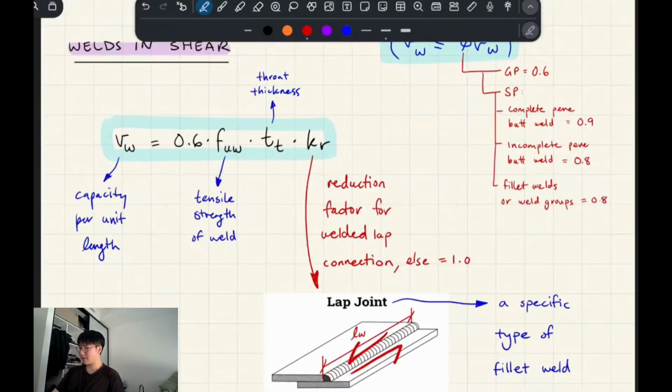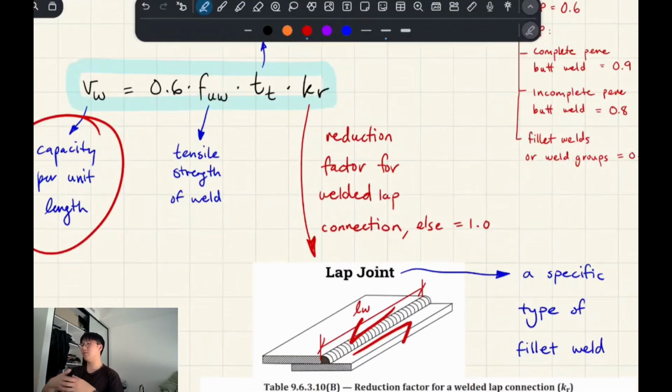Essentially, this strength is per unit length, so the longer your weld is, the stronger it is. If that weld is, let's say, 500mm, so half a meter of welded length, then you'd calculate everything in terms of that.